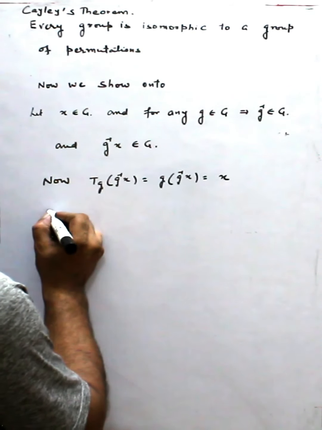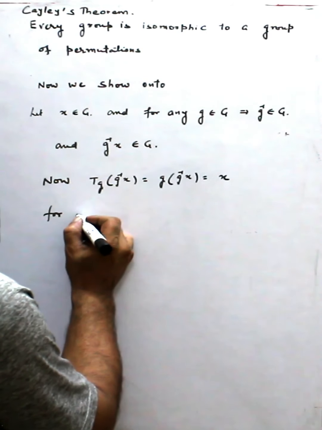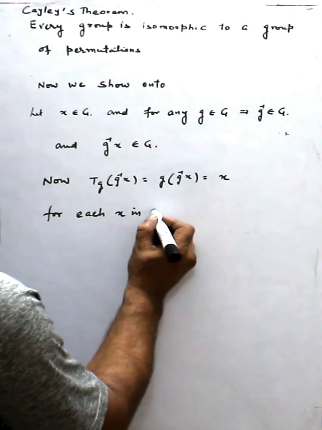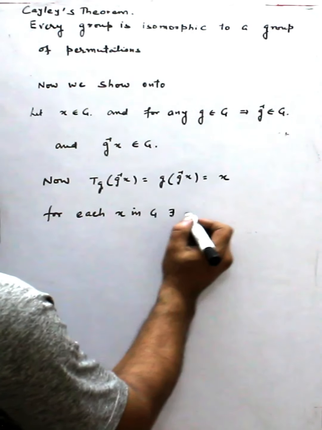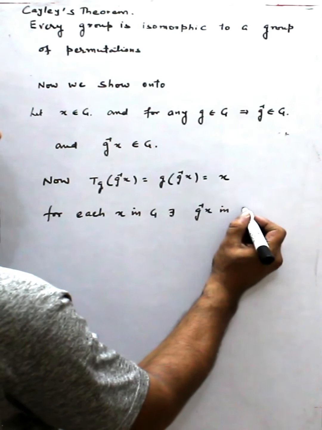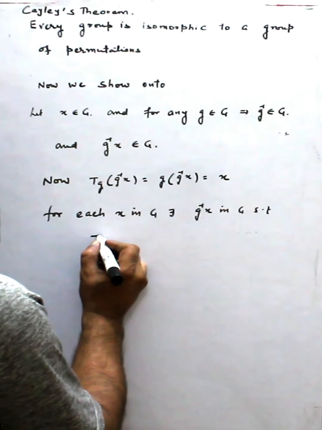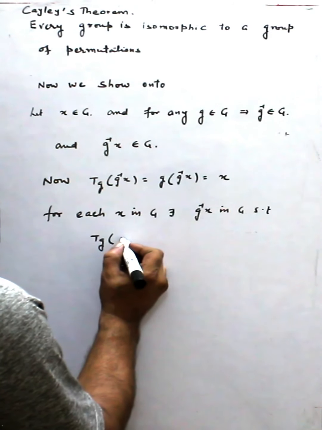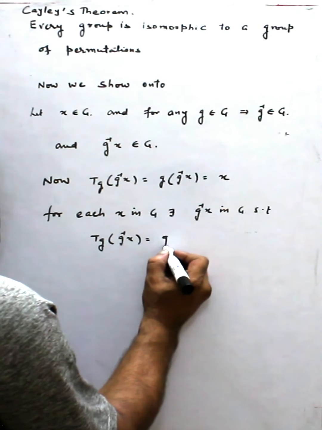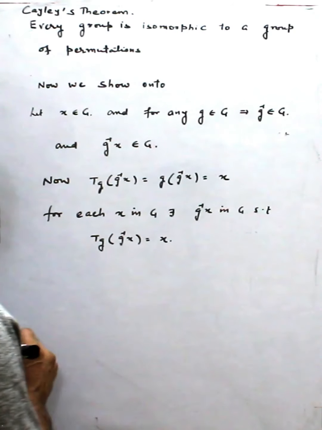That means for each x in G there exists g inverse x in G such that Tg of g inverse x is equal to x.